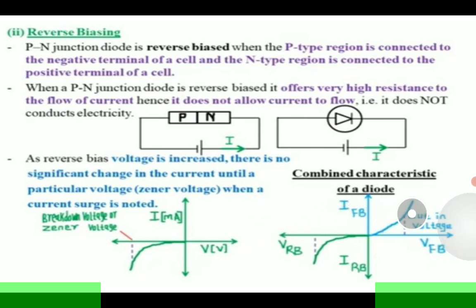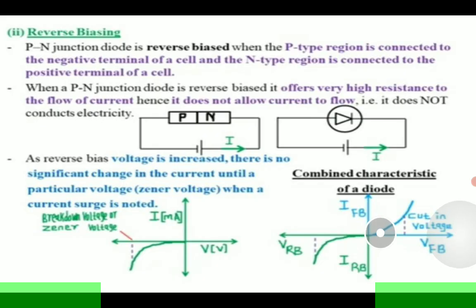Alright, so here we have brought the two connections. This graph is showing us that. So we have current in the forward bias, FB. Current IFB means current in the forward bias, and down here current in the reverse bias mode.